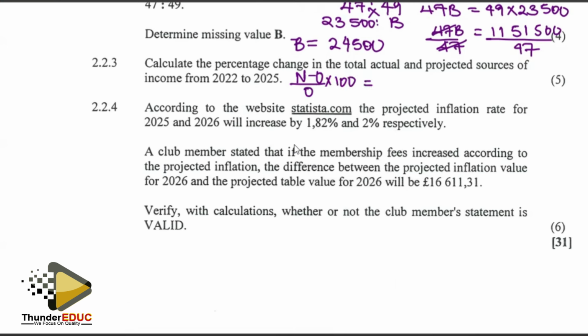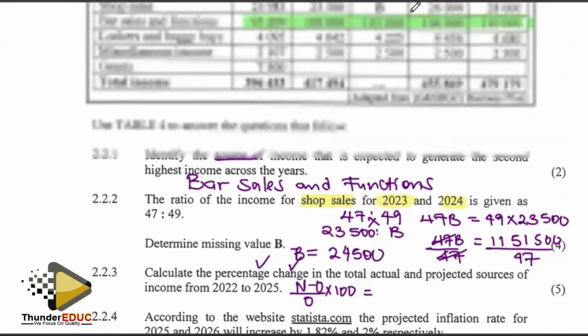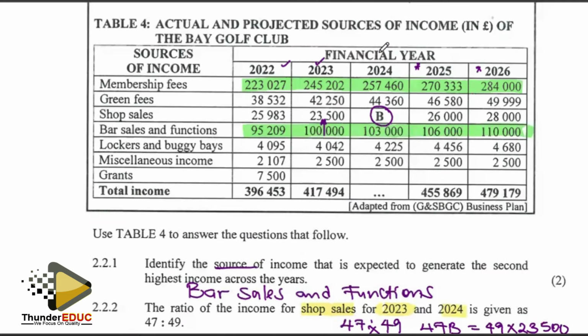So the change has to be there, 2022. We shall go up there and check. We are looking at total actual and projected sources of income.